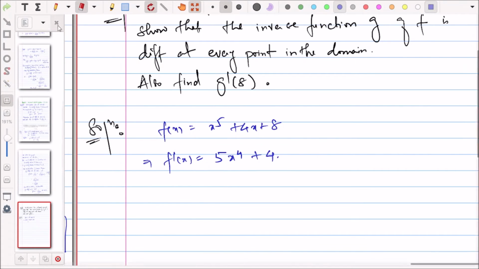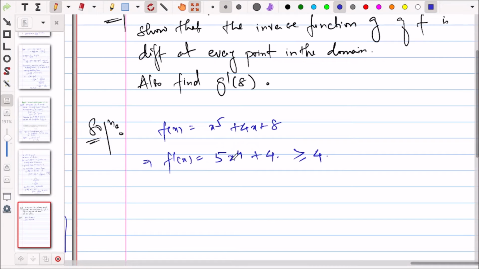This is greater than or equal to 4 always, because this is an even power of x, so this can never be negative. So it is greater than or equal to 4, which is strictly greater than 0.